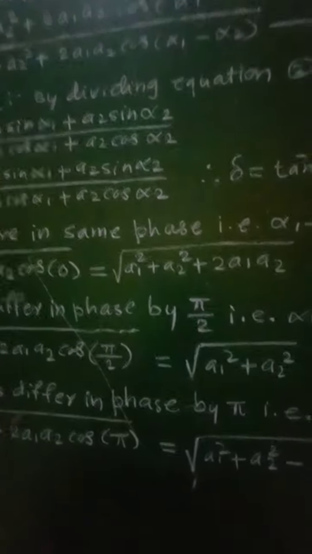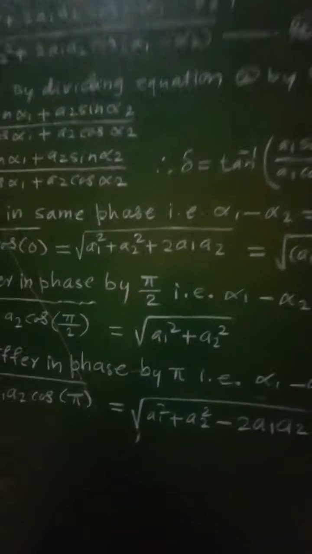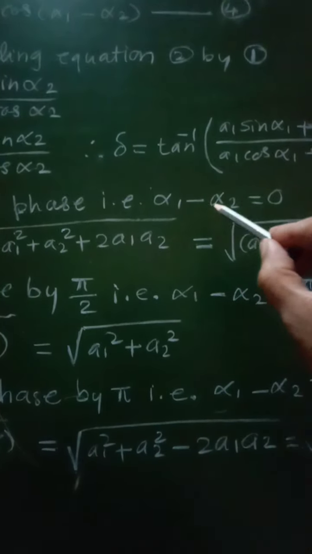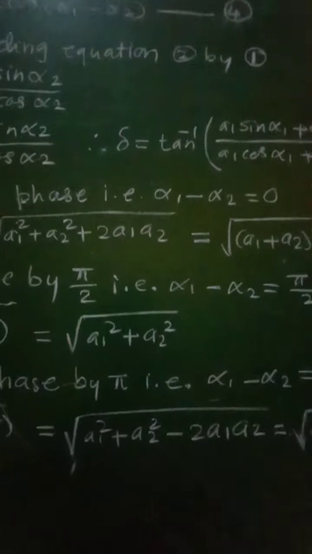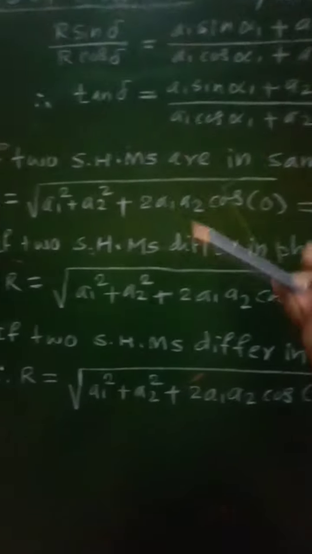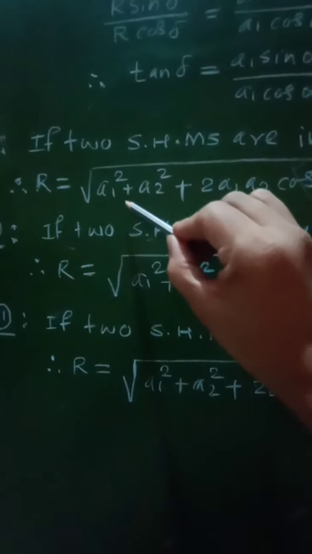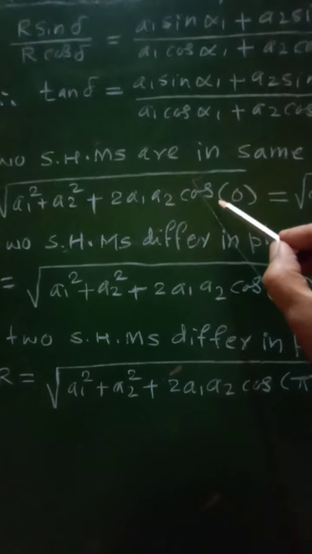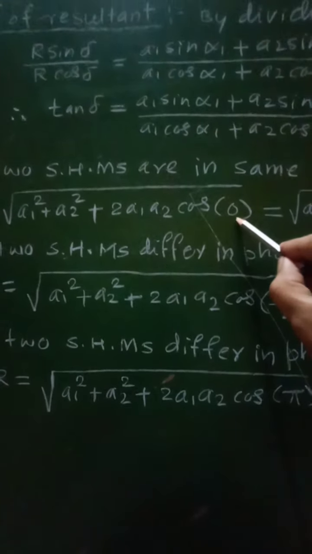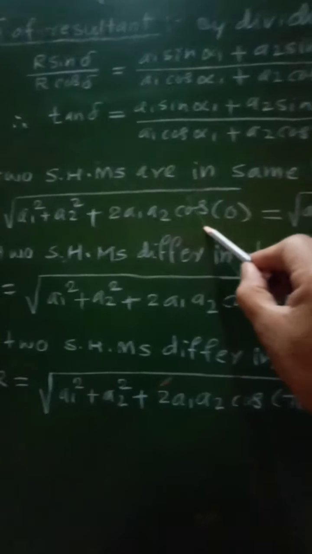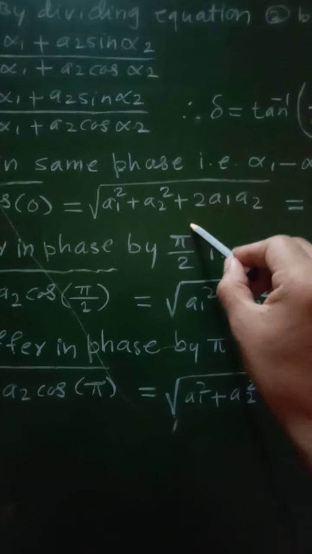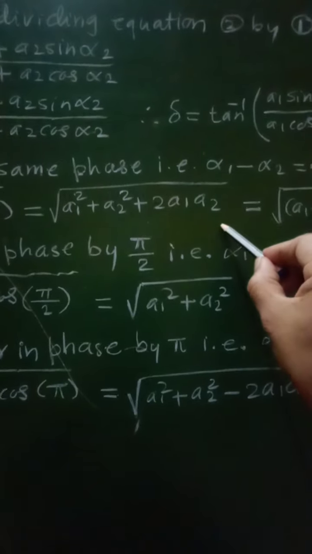If two SHMs are in the same phase, at that time alpha 1 minus alpha 2 will be equal to 0, and therefore r will be equal to square root of a1 square plus a2 square plus 2a1 a2 cos of alpha 1 minus alpha 2, which is 0 here. But cos 0 equal to 1, and therefore we will get r equal to square root of a1 square plus a2 square plus 2a1 a2.